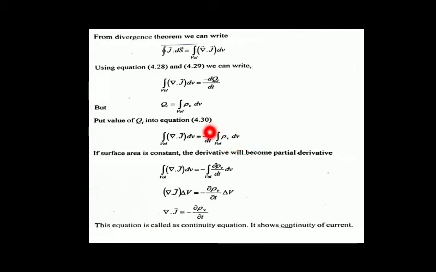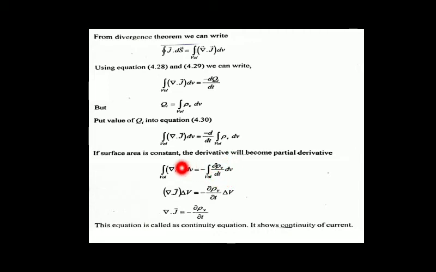The surface area is constant, so in that case the derivative becomes a partial derivative. So this is the partial derivative of the volume charge density.